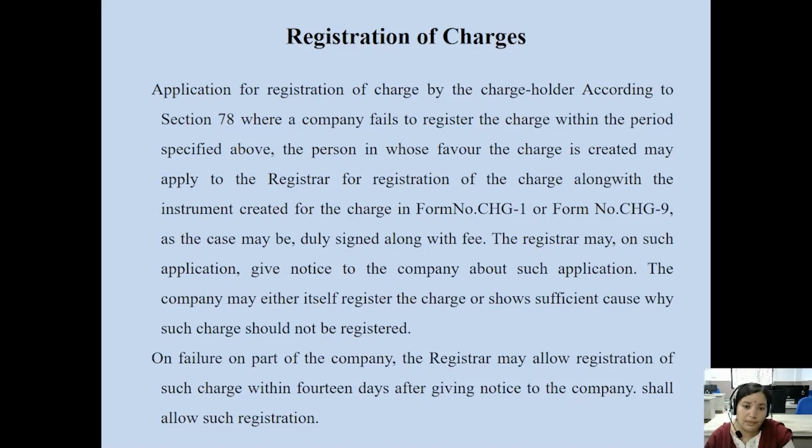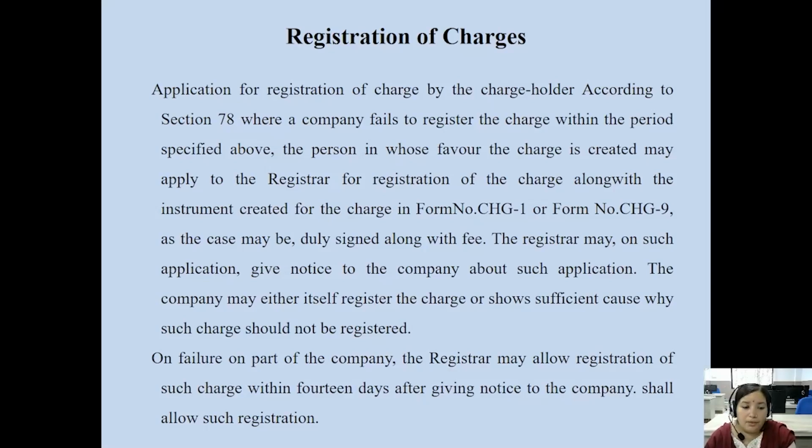So you have to give reasons and explanations of why the charge or the register of charges was not recorded, to the registrar of companies with explanatory notes to that effect. Why is it not being registered?